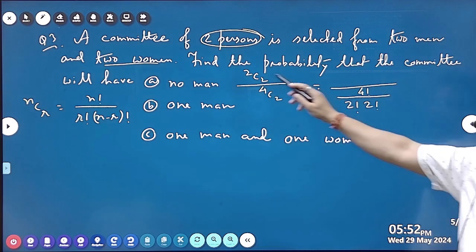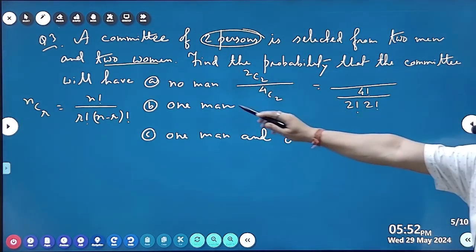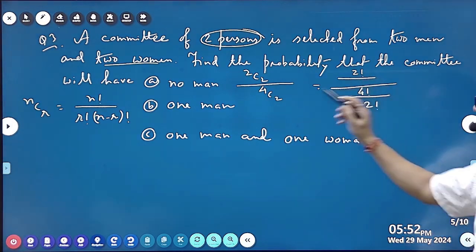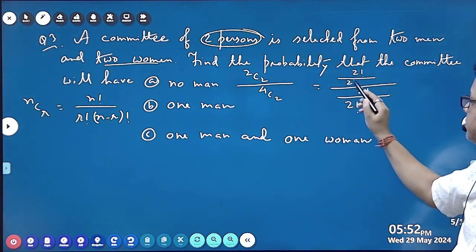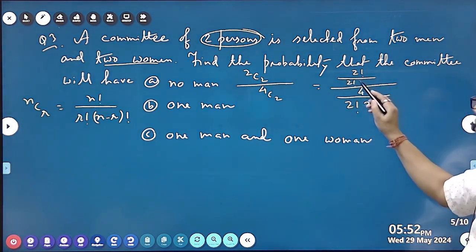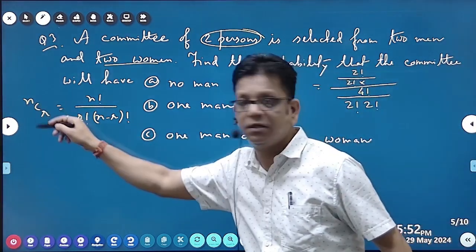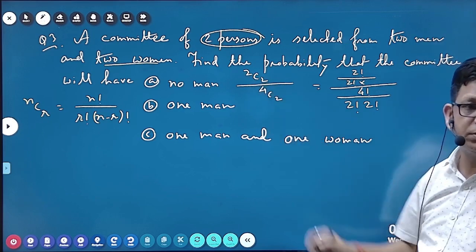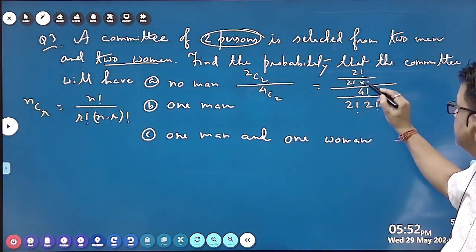Numerator. What is that? n factorial. Try to understand. We do know n minus r, so n minus r, 2 minus 2, how much? So don't think of this as 0 factorial.